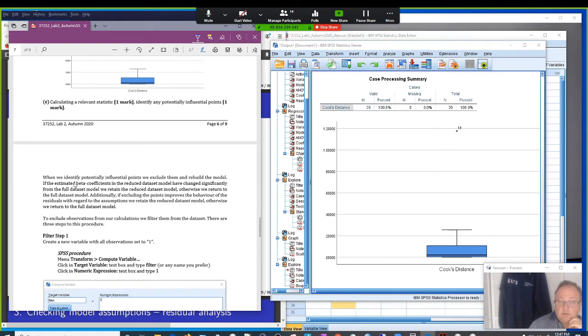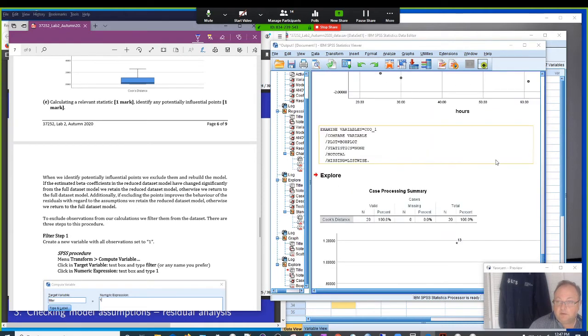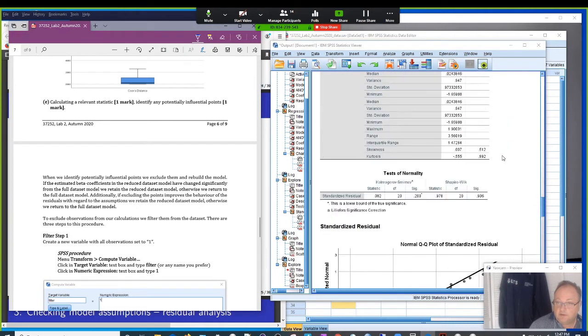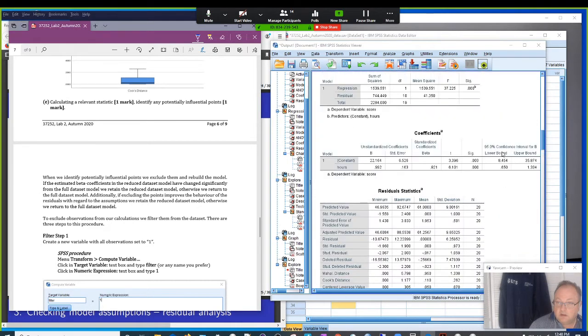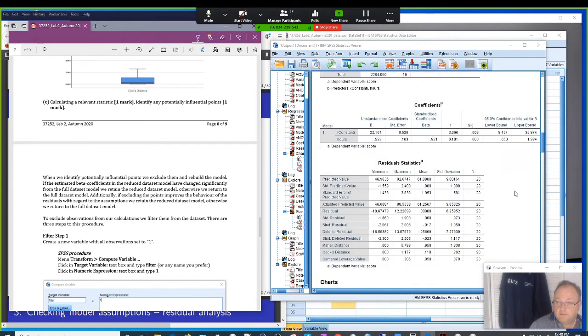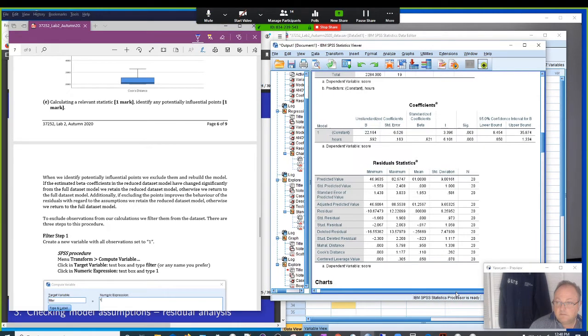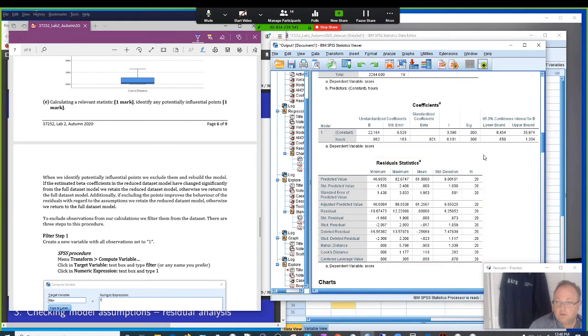So what we can do is have a look at rebuilding the model. When we identify potential influential points, we exclude them and rebuild the model. So what I want to do before I go and rebuild that model is get the coefficients.